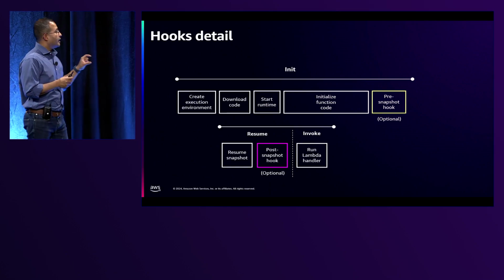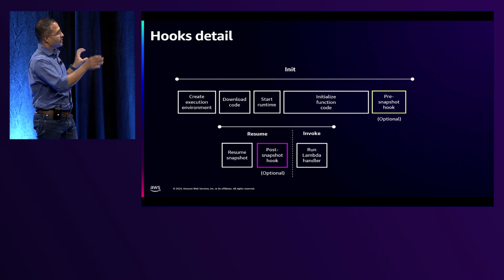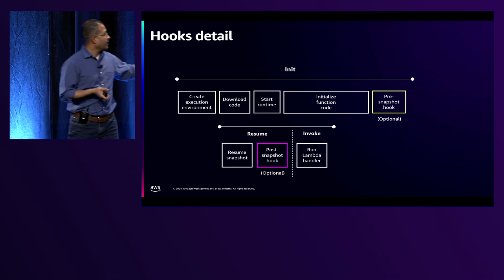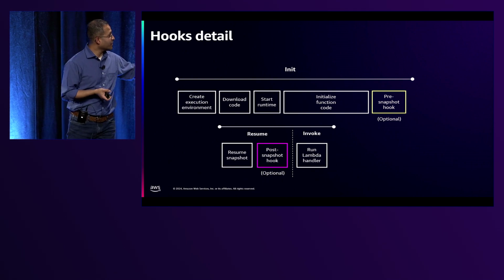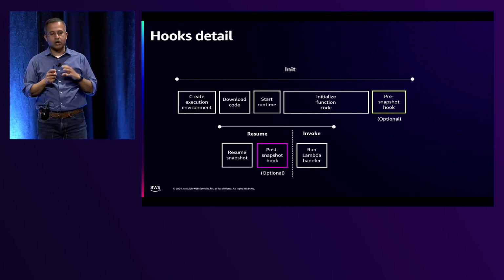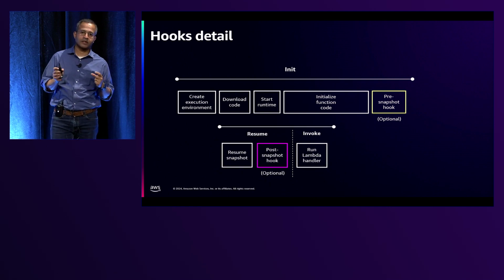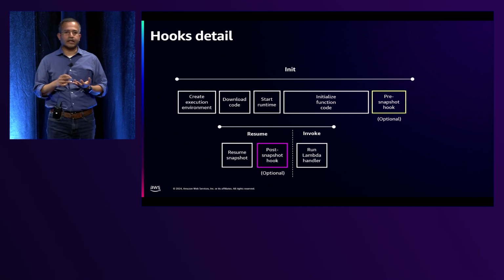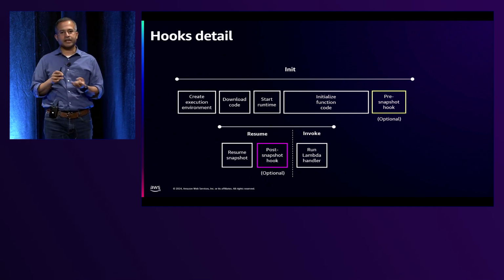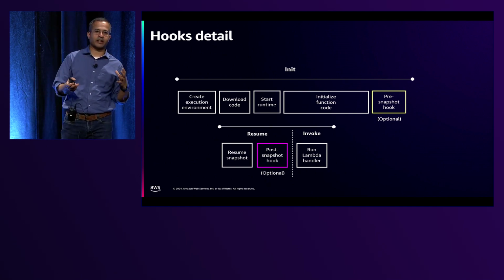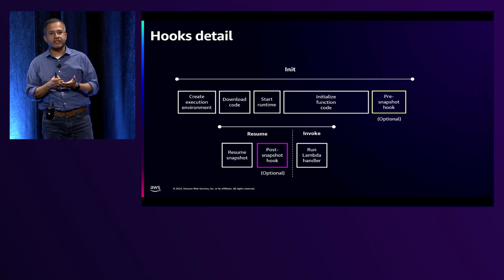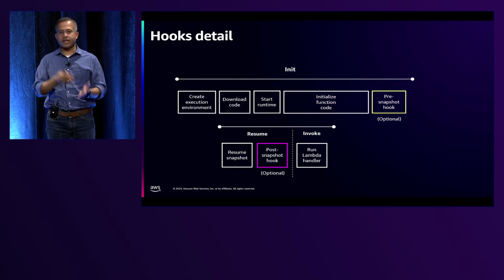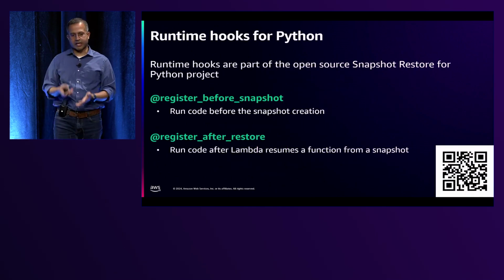Then for subsequent invokes, once the snapshot has been created, the snapshot is being resumed, as well as any logic that you have post snapshot. That is usually things like connections with database, or unique identifiers, or retrieving secrets; those are things you would do as part of the post snapshot hook. And then Lambda will run the handler logic.